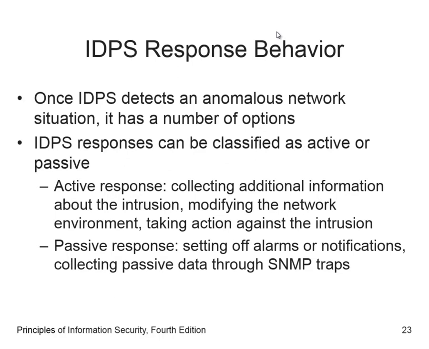Once an IDS detects an anomalous network situation using any of the previous methods, it has a number of options to respond or to address the issues, depending on the policy and objectives of the organization that have been configured, as well as the capabilities of the organization's systems already in place. IDS responses can be classified as active or passive.